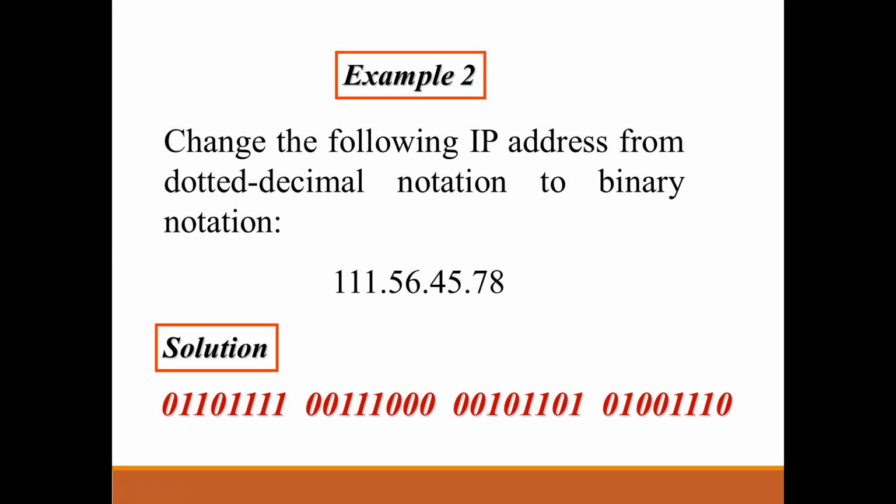Same thing over here: the second number is 56, and that is converted into the equivalent binary number. Then the third is 45, converted into its equivalent binary number. Then 78 is separately converted into a binary number, and hence this is the total binary representation of this address.